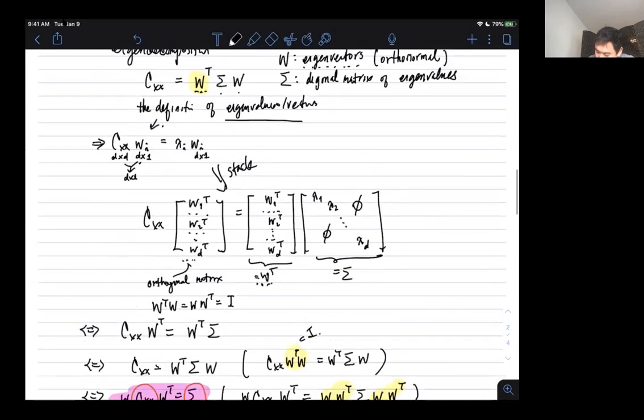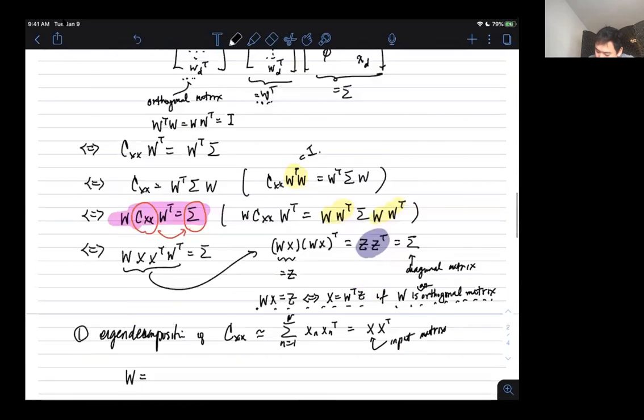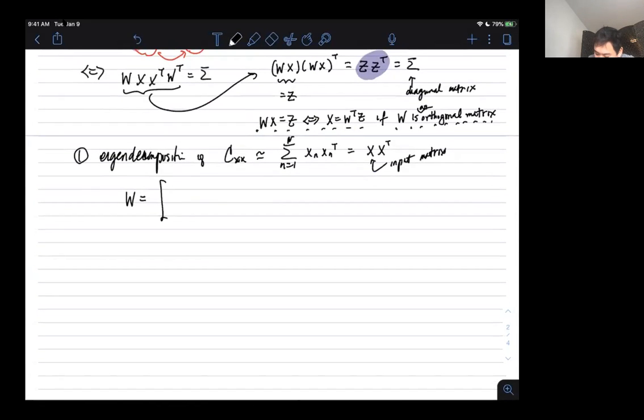And then this W matrix is an eigen matrix where it has all those eigenvectors. So this is going to be the eigenvector matrix.